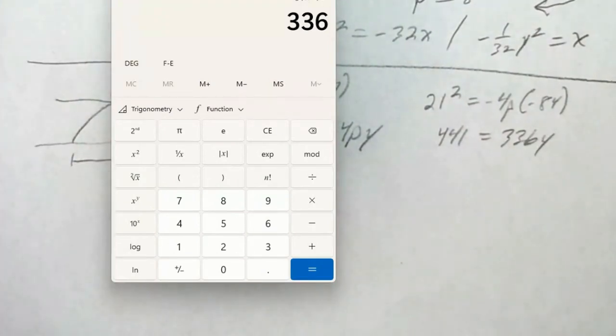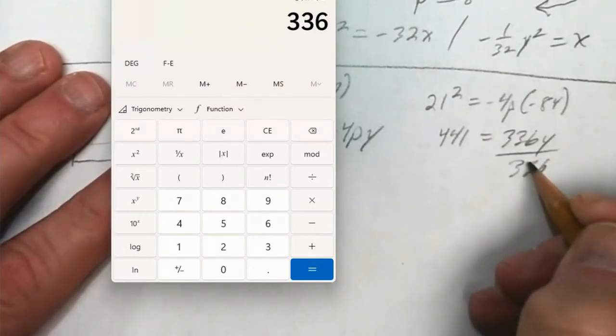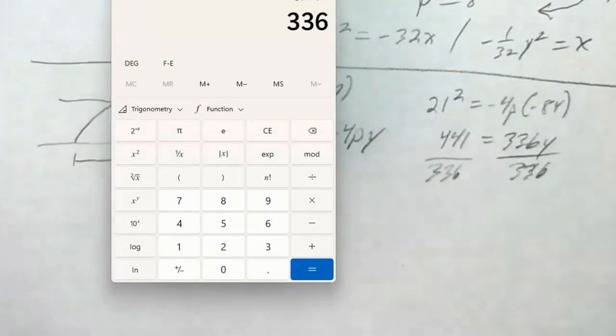So we need to divide both sides. This is going to be a fraction, but does it turn into a nice fraction? If we divide 441 by 336, we get 1.3125. No, that's not a nice fraction. So we need to simplify this in whatever way we can.